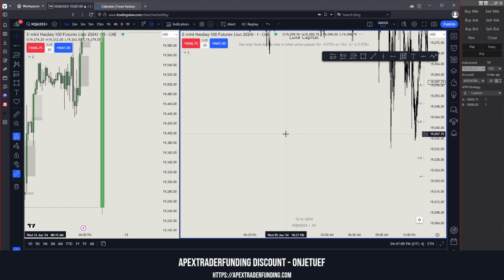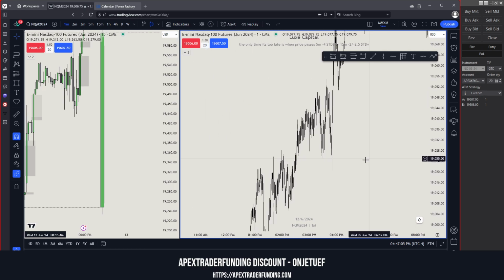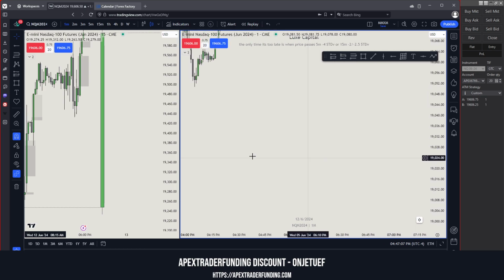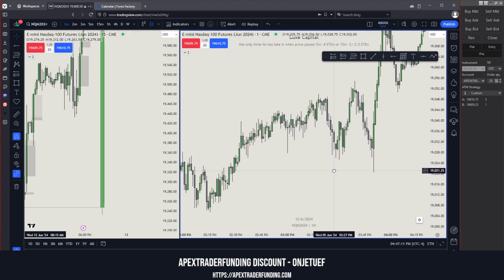And then 3.5 to 4. Let's see what's over here. I'm only on the 1 minute chart, so I'm wondering if there's something over on the 15 potentially.